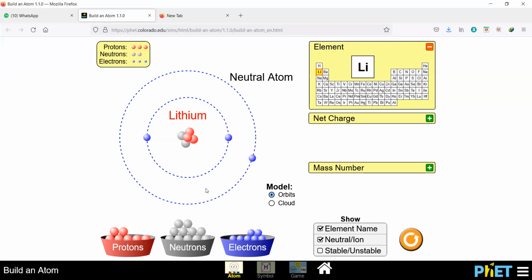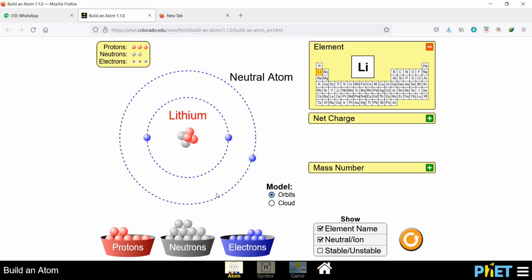Okay. Do you know what this element is? Do you remember what lithium is? Do you know how this atom becomes stable, to be full with electrons at the outermost energy level? How?